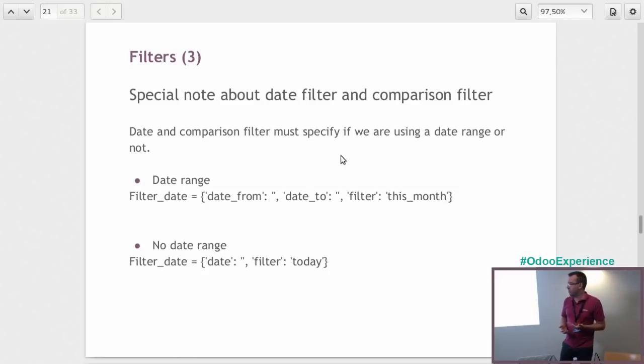So when you specify those filters, you need to specify the key. They can be empty, just to know if the filter is a date range or not. The filter value is just to fill the date when you open the report for the first time.